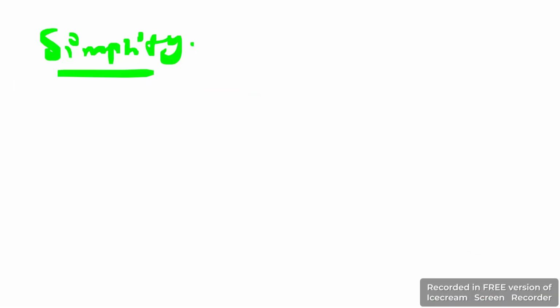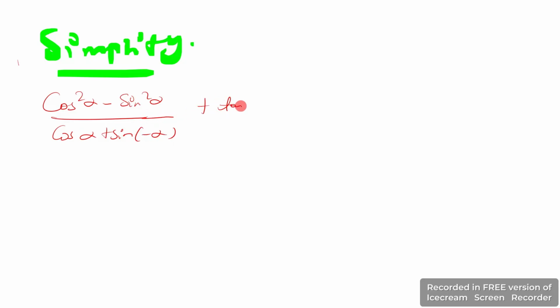So, (cos² alpha minus sin² alpha) over (cos alpha plus sin(minus alpha)) plus tan(minus alpha) cos(minus alpha) is equal to cos alpha.